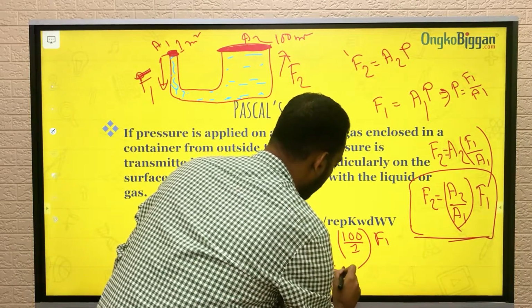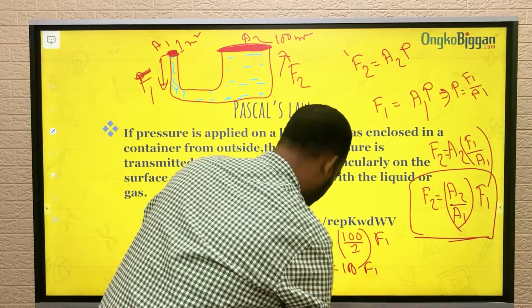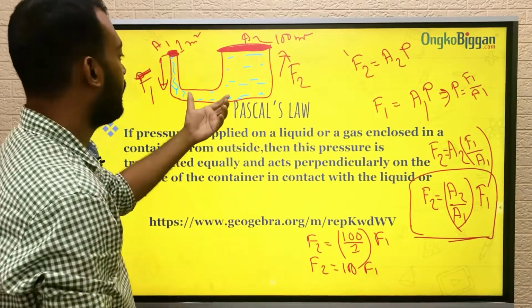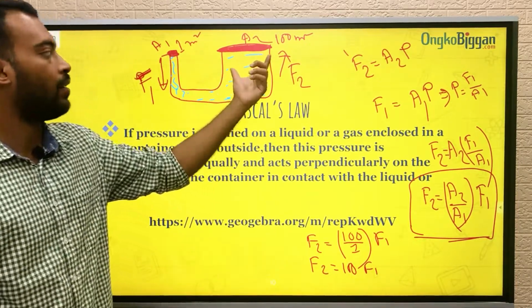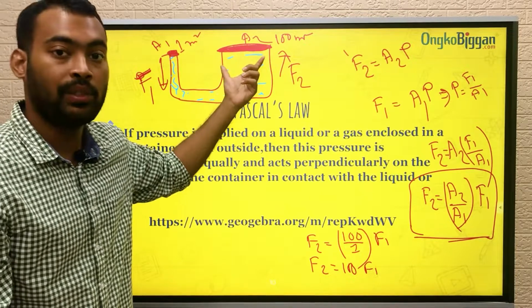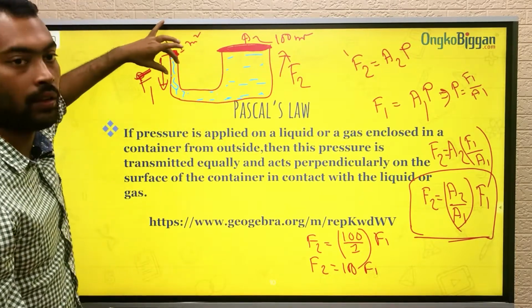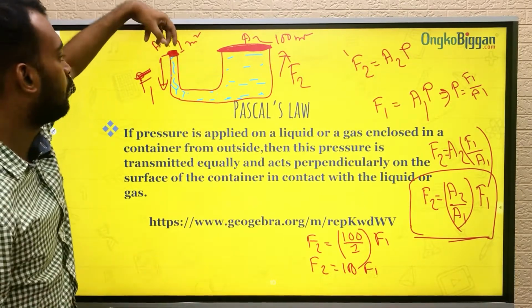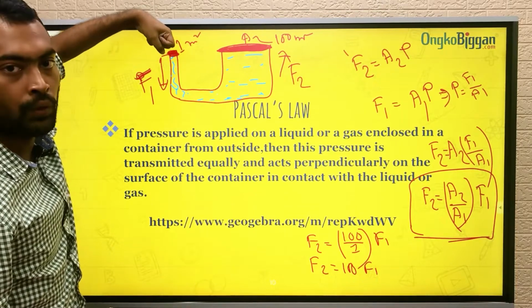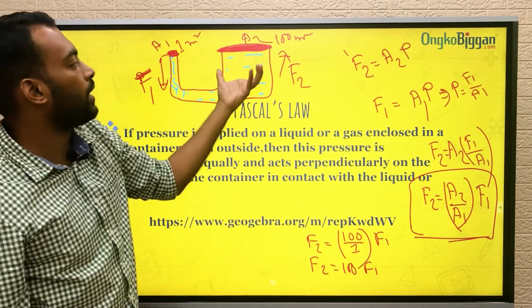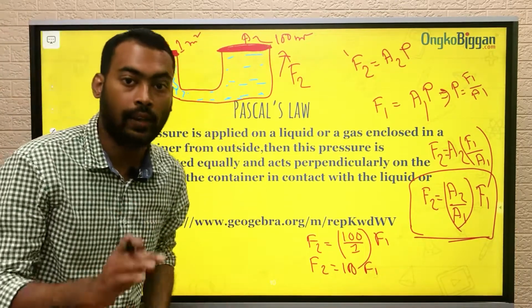So F2 is equal to 100 F1. That means the force acting on this side will be 100 times more than the force acting on this side. If you are giving 1 Newton force on this side, the force that we will get from here is 100 Newton.